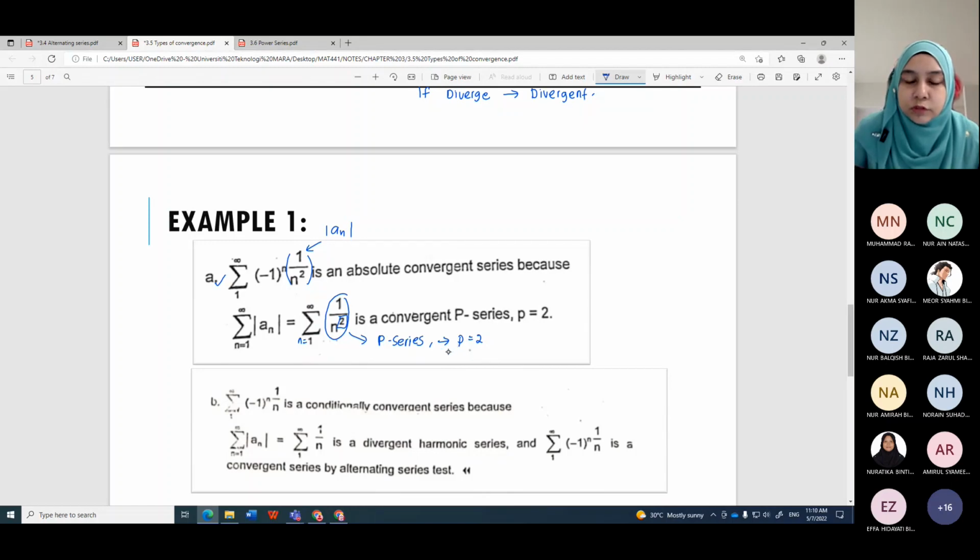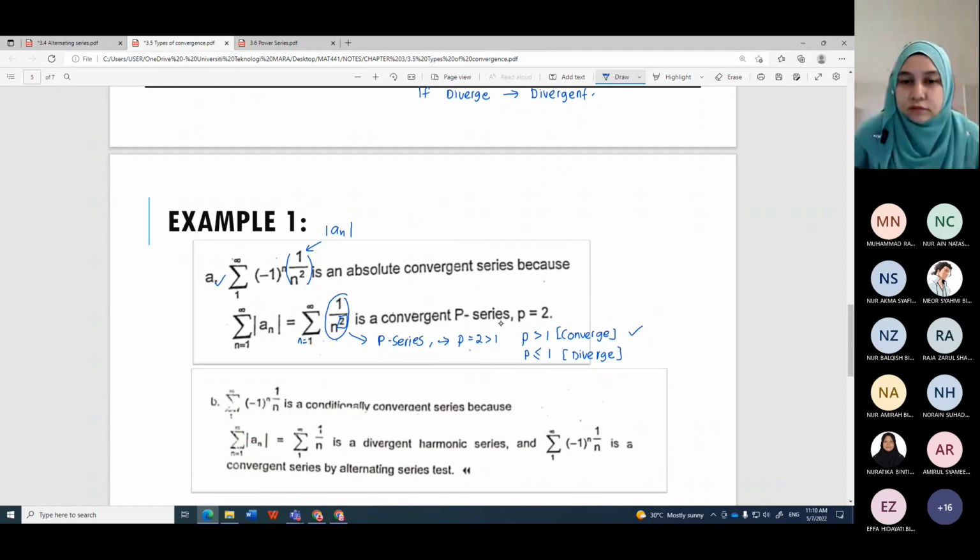Okay, you all perlu refer the convergence for P series. Converge if P greater than 1. Kena ingat balik ni. If P less than or equal to 1, so it is diverge. Since P is equal to 2, which is greater than 1, so it is converge. Kena buat conclusion juga lah ni.